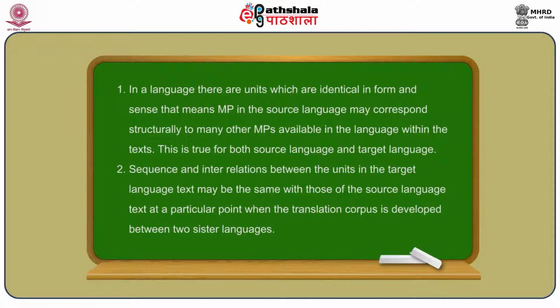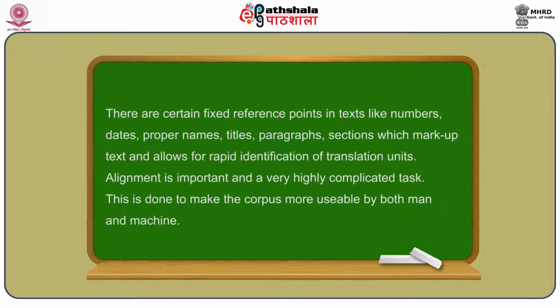Second, the sequence and interrelation between the units in the target language text may be the same as those of the source language text at a particular point in the corpus, when the parallel translation corpus is developed between two sister languages. Third, there are certain fixed referent points in text like numbers, dates, proper names, titles, paragraphs, and sections, which mark out the text and allow rapid identification of translation units.